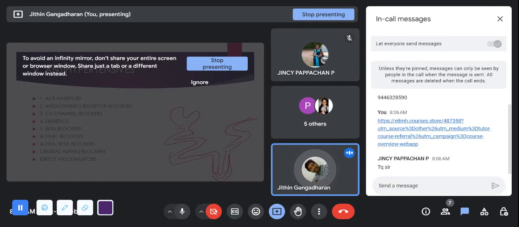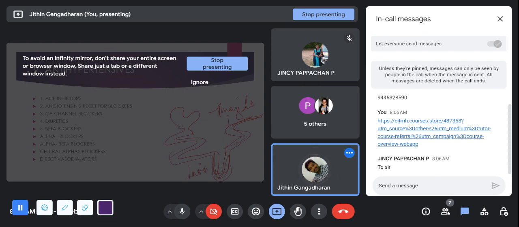See, this is the loop of Henle. Lasix will act on this, whereas the thiazide diuretic will act on the distal tube. Hydrochlorothiazide, that is a drug of the thiazide diuretics.